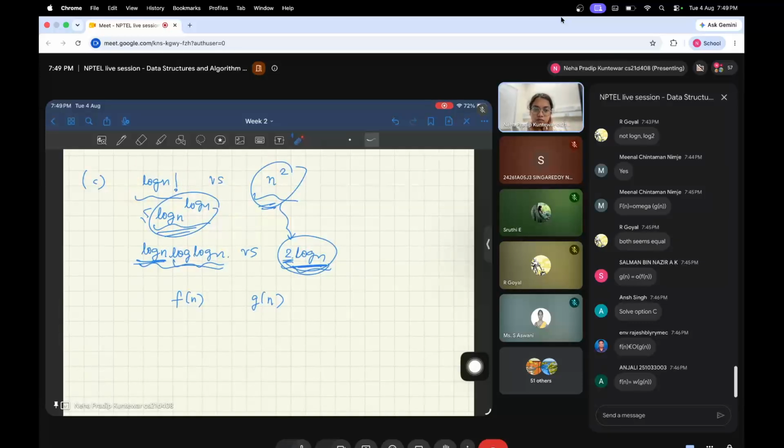So this was just an attempt. Okay, this does not work. Then what you will probably need to do is find the limit as n tends to infinity of this divided by n square.